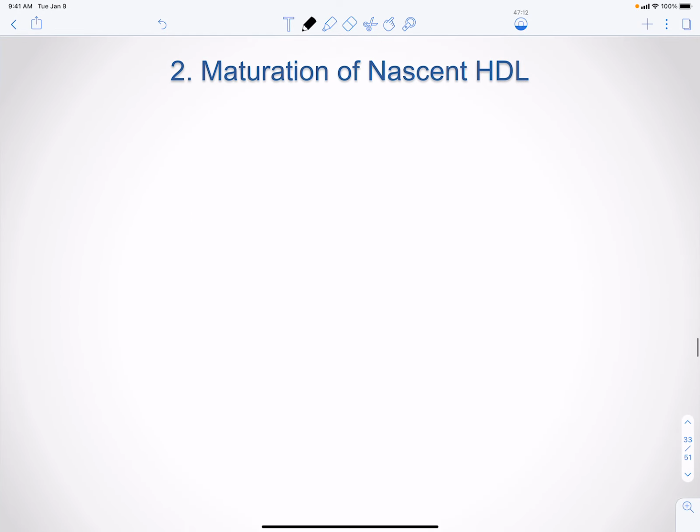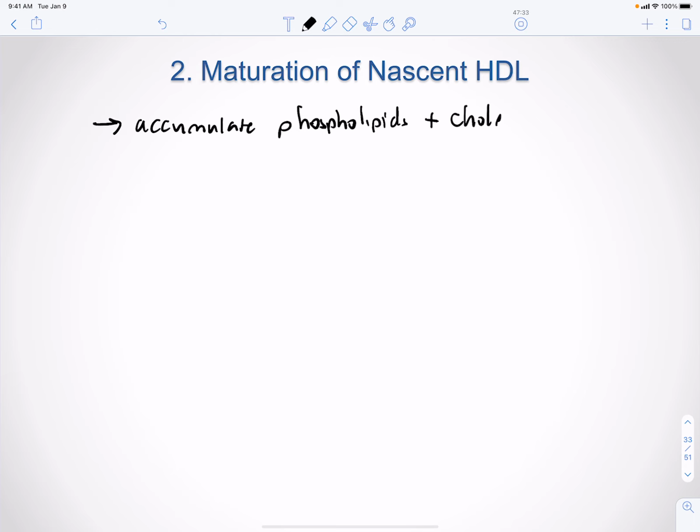Then you have to have maturation of these nascent HDL particles. They are going to accumulate their phospholipids and cholesterol, and this is typically from cells lining blood vessels.